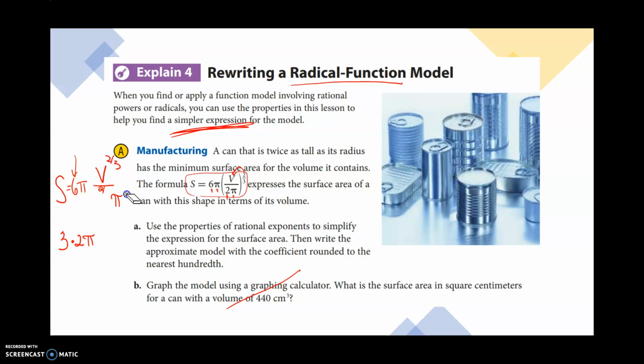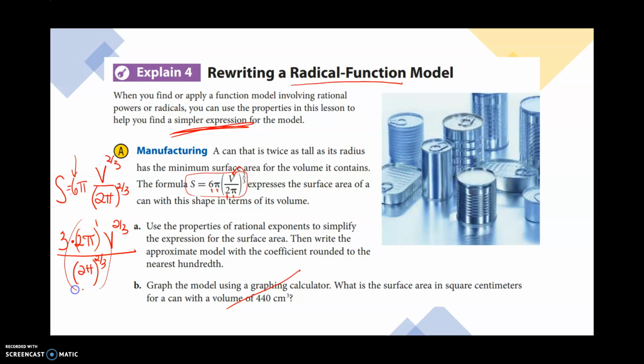I'm going to back up. It might be easier if I just do this like this. Right? So now my equation, I changed my 6 a little. So notice this is now 2 pi to the 1st power. And I have v to the 2/3. And I have 2 pi to the 2/3.